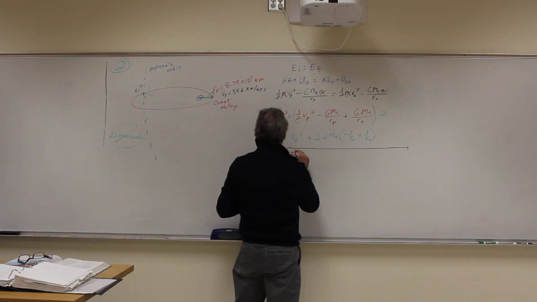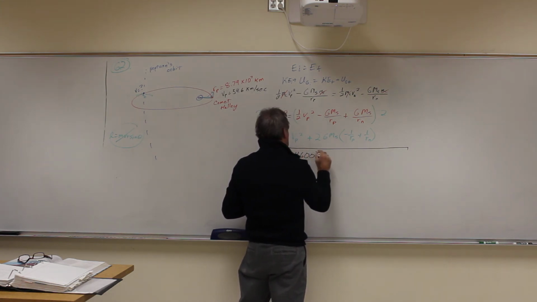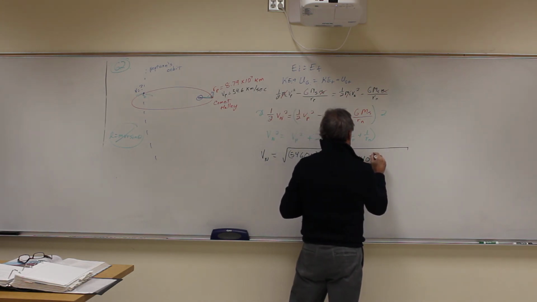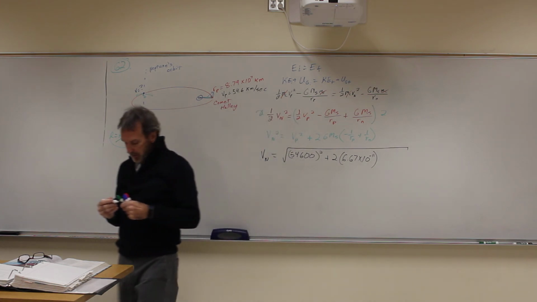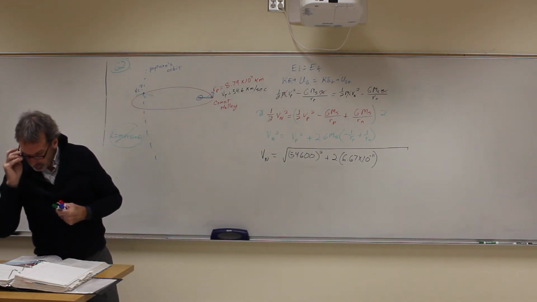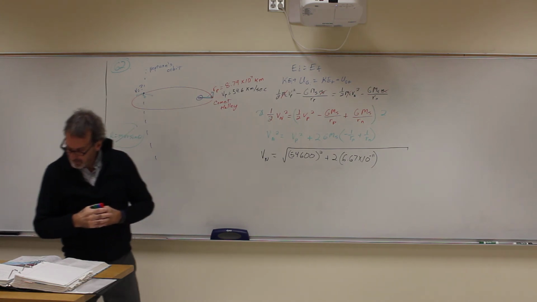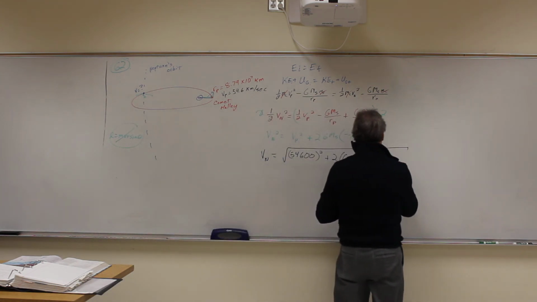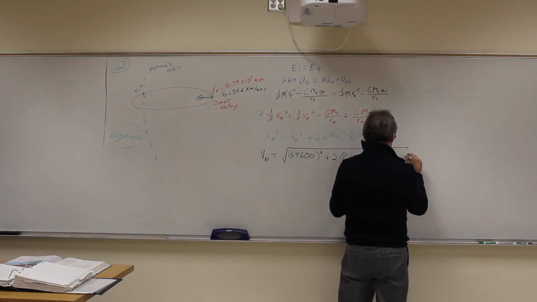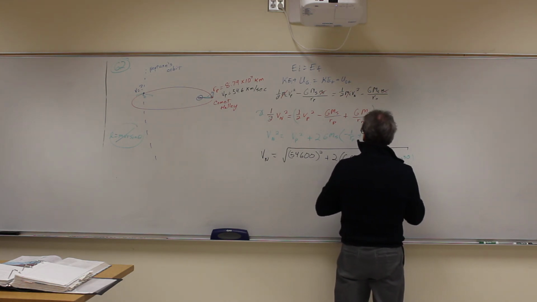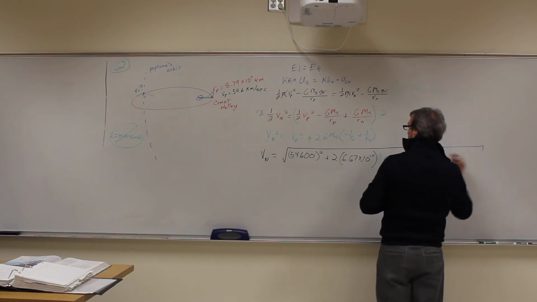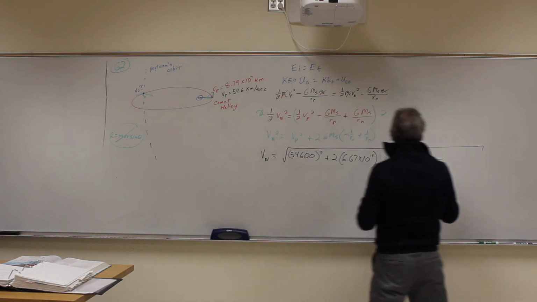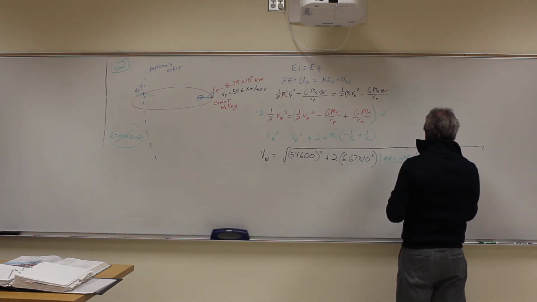So this is 54,600 squared plus 2 times 6.67 times 10 to the minus 11, times the mass of the sun, which is 1.99 times 10 to the 30th, times this, minus 1 over the radius of perihelion, which is 8.79 times 10 to the 10th.